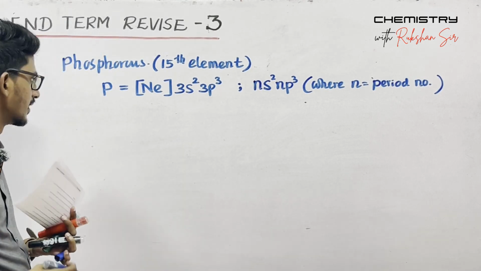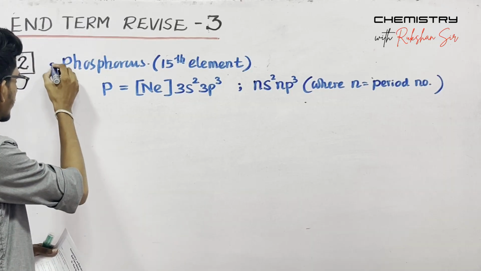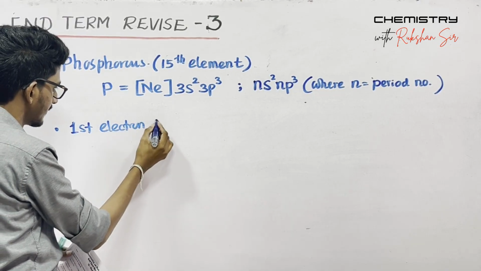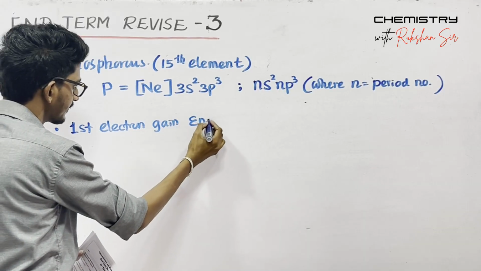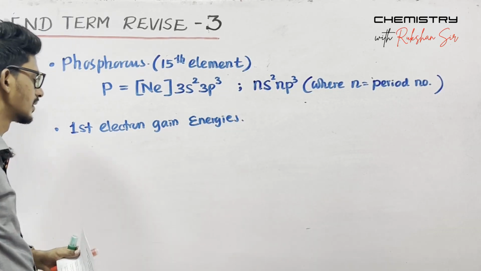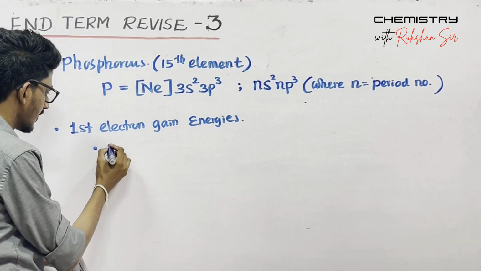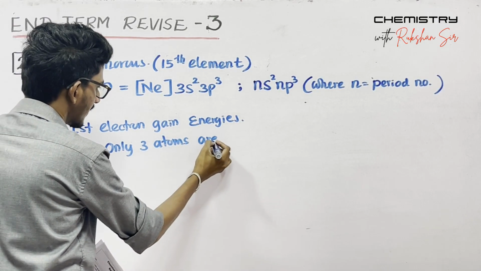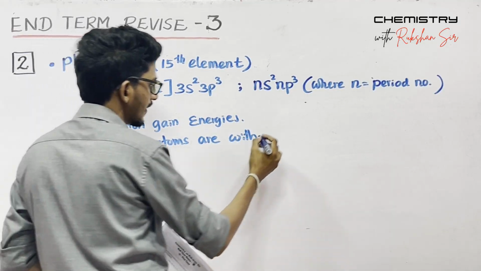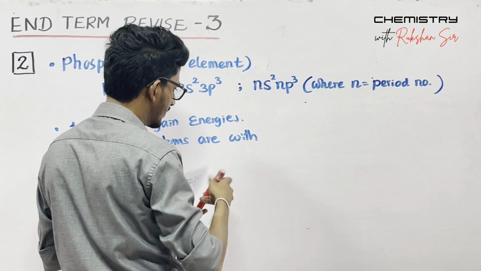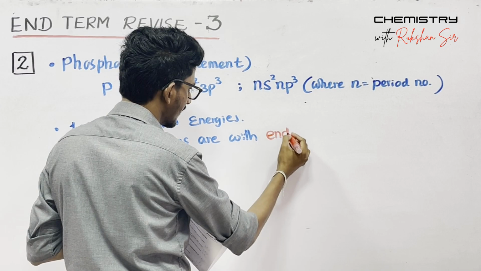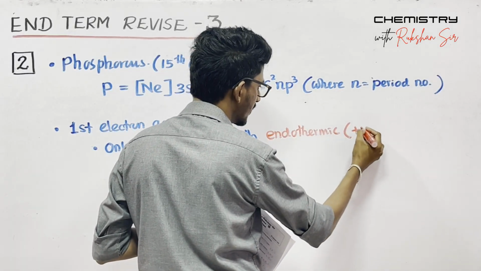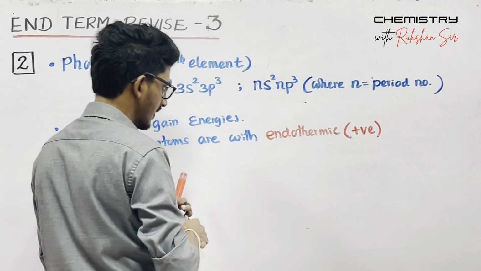What we know about the first electron gains of these atoms: only three atoms are with endothermic, heat absorbing, positive electron gains.